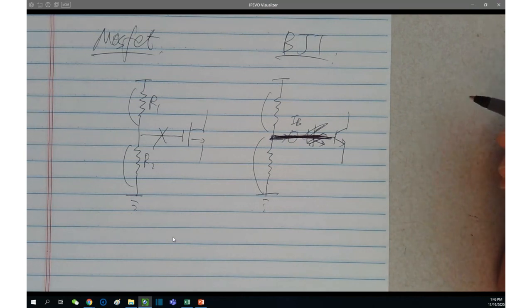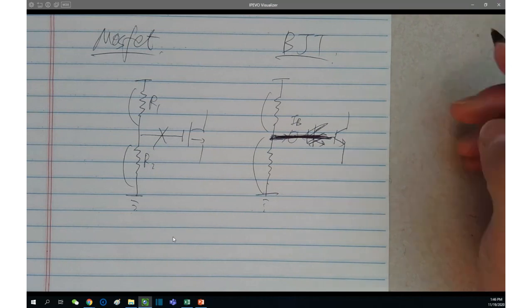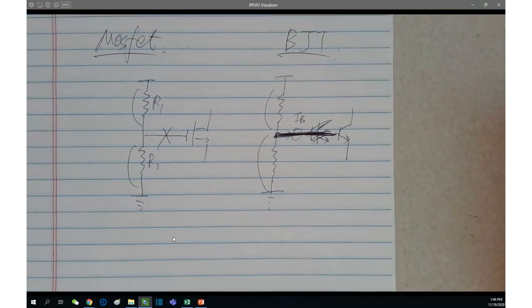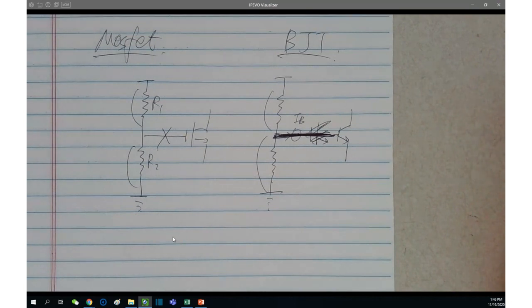As Noah mentioned, KCL or KVL. They're always right. Of course, as long as you're able to write them correctly. If you make some mistake, that's not a fault of the principle.